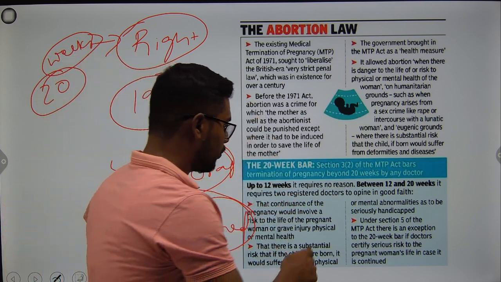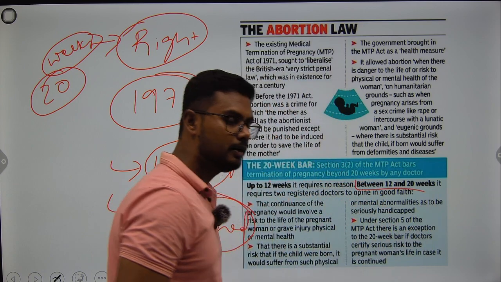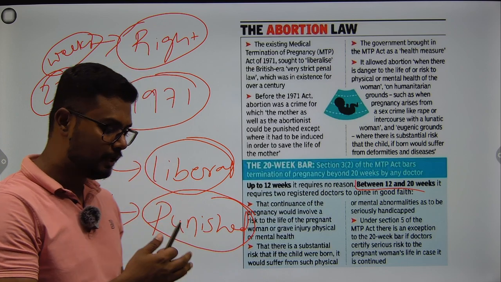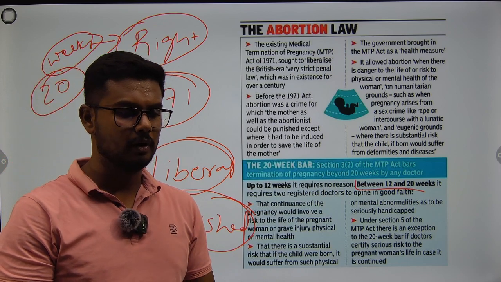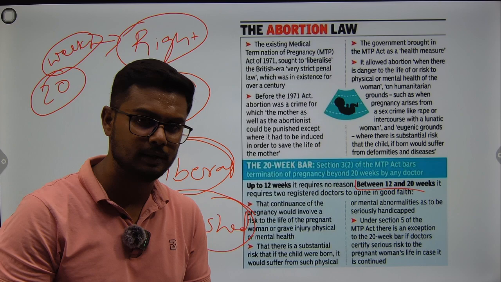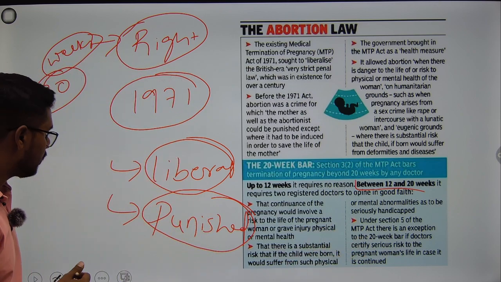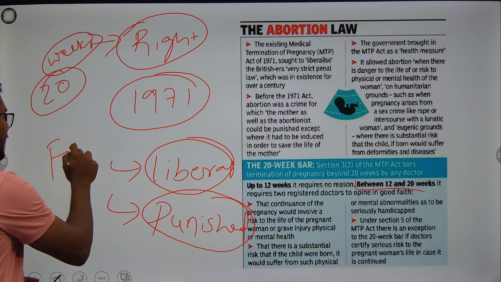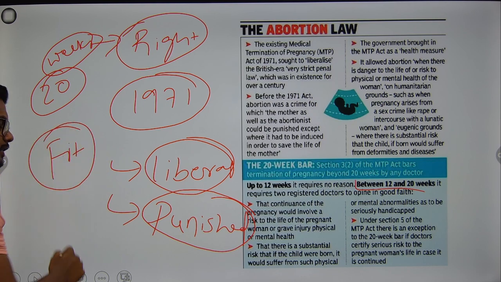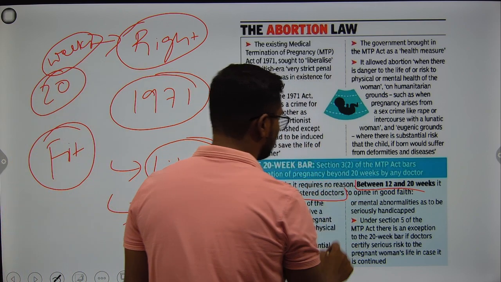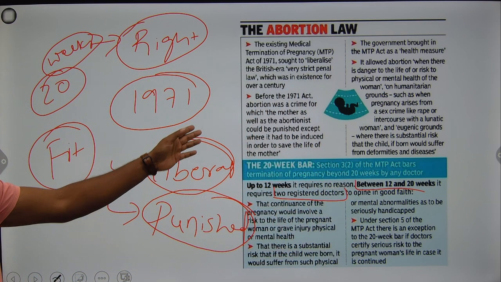But between 12 to 20 weeks, it required permission from 2 registered doctors, indicating that it was some kind of forceful pregnancy, or the pregnant woman is not fit enough to carry this pregnancy ahead. Such clarification should be given by at least 2 registered doctors. Only then could that woman opt for abortion.